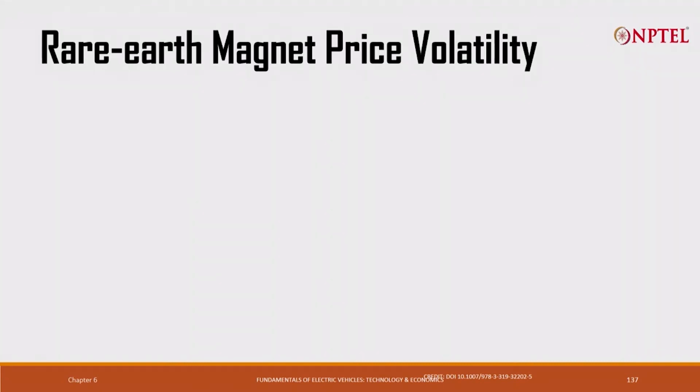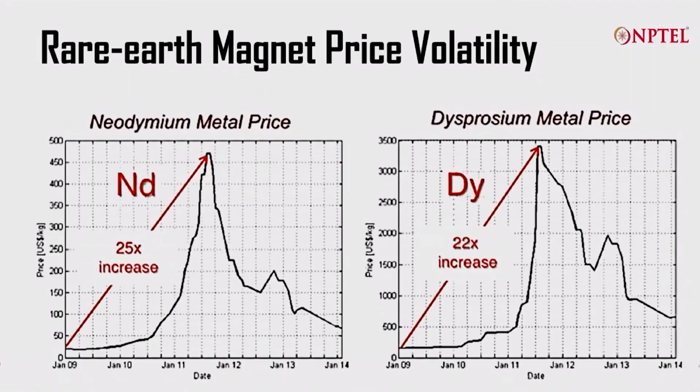Now, I will very quickly take you through a few slides before we wrap up. We have always talked of rare earth magnets because they are very strong, very powerful, but rare earths, as the name itself suggests, are rare and therefore very expensive. And not only is it expensive, but its price tends to go up and down very often, and this is a graph of how the price went up and down.